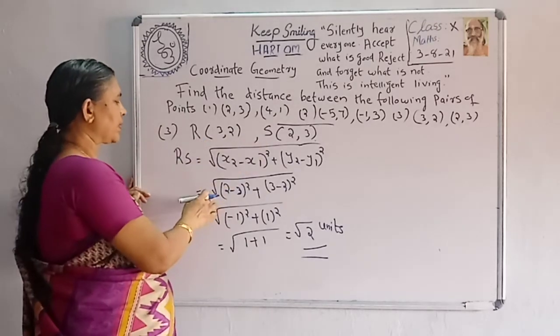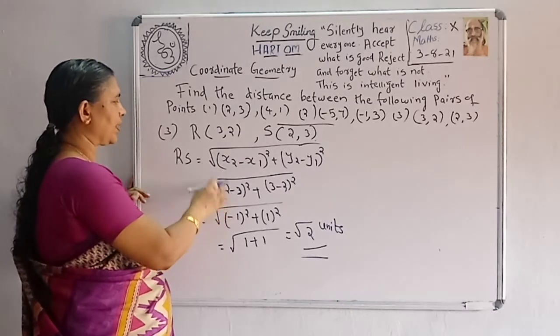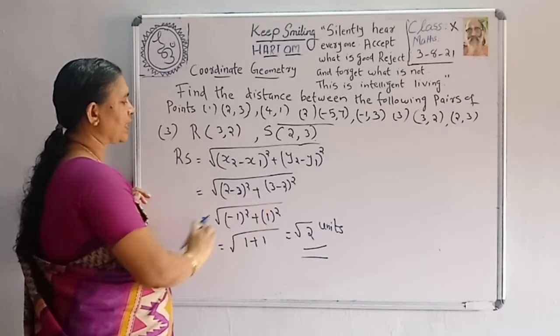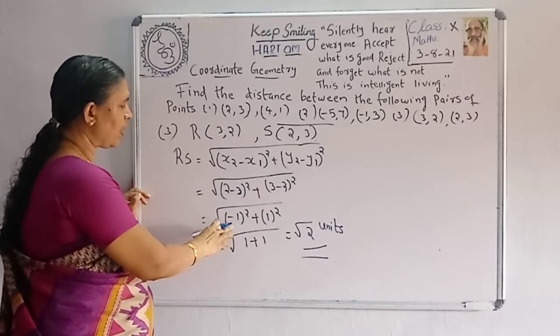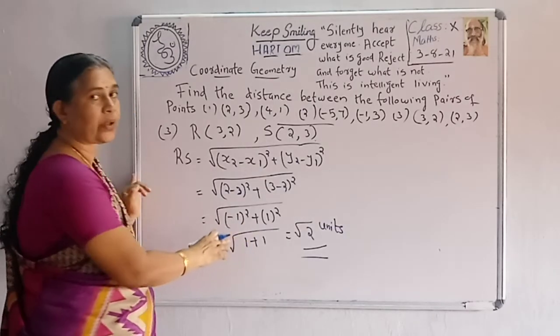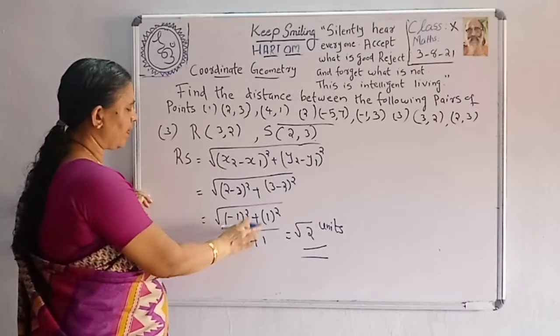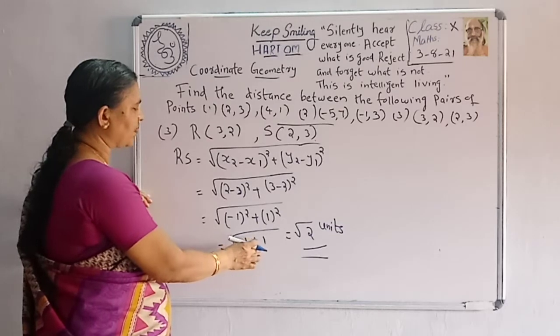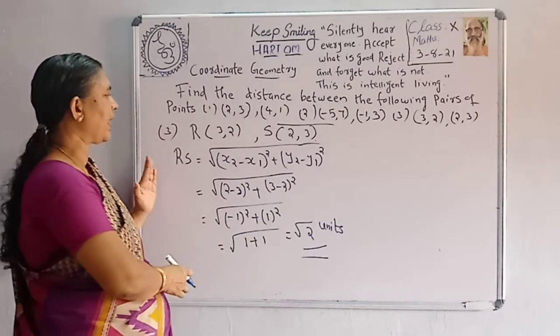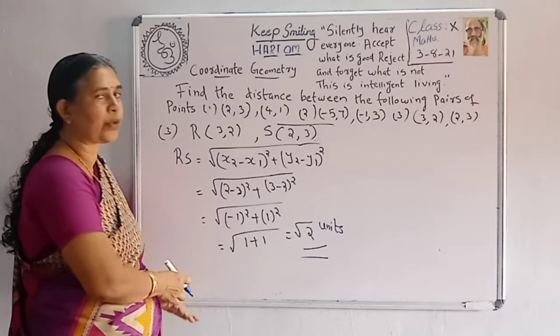Therefore, the square root of 2 minus 3 the whole square plus 3 minus 2 the whole square is square root of minus 1 the whole square plus 1 square. Minus 1 the whole square is plus 1, then square root of 1 plus 1, which is root 2 units. So the distance between the points R(3, 2) and S(2, 3) is root 2 units.